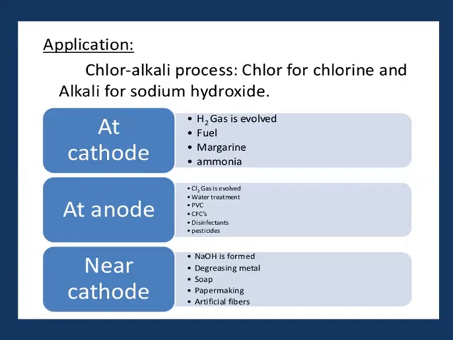Hydrogen gas, which is evolved at cathode, is used as fuel and also in the preparation of ammonia gas.